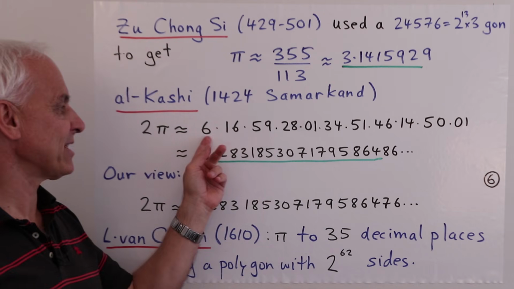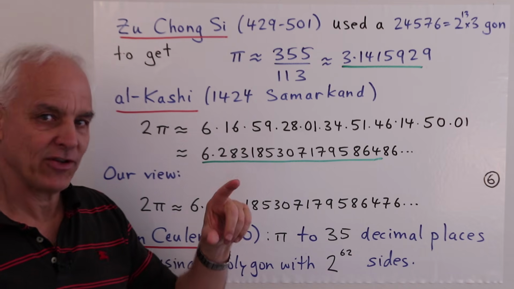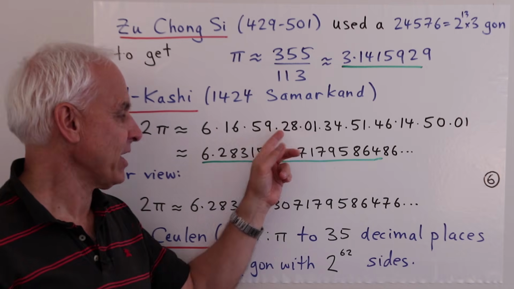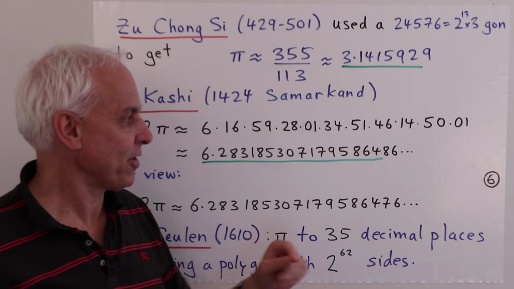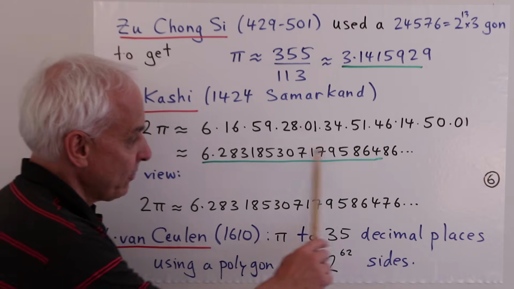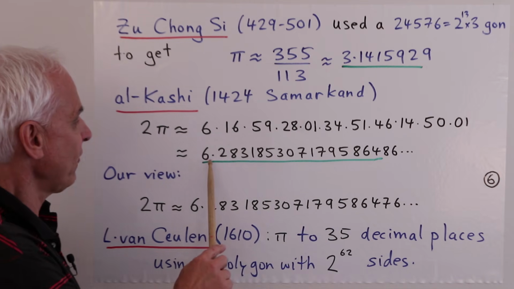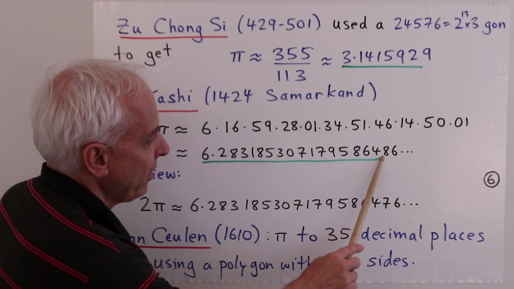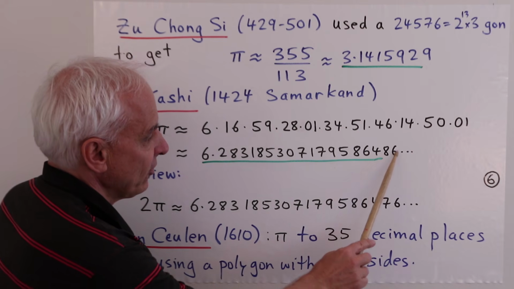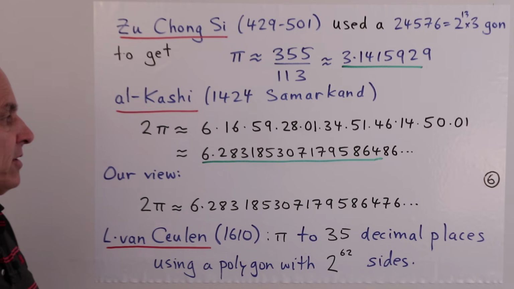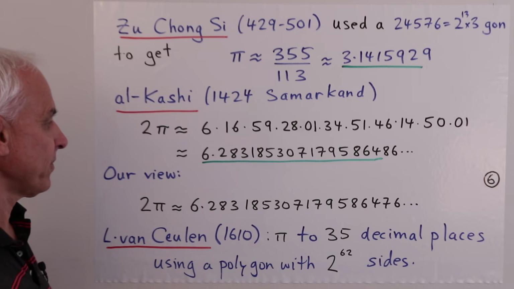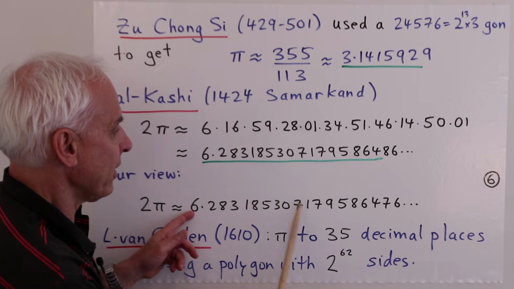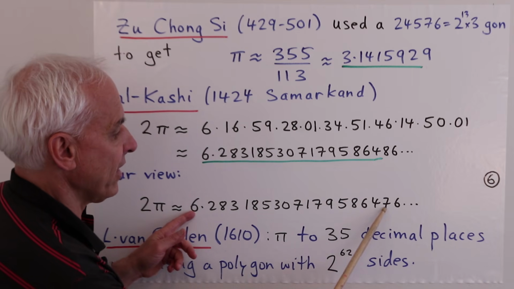So it starts with 6, and then 16 over 60, 59 over 60 squared, 28 over 60 cubed, etc. And it turns out, when converted to decimals, that it gives this value here, which is correct up to 6.4 there, and then it also gives these two values, but they're not in agreement with modern values. So our view is this one here, going up to the 6.4 and then 7.6.